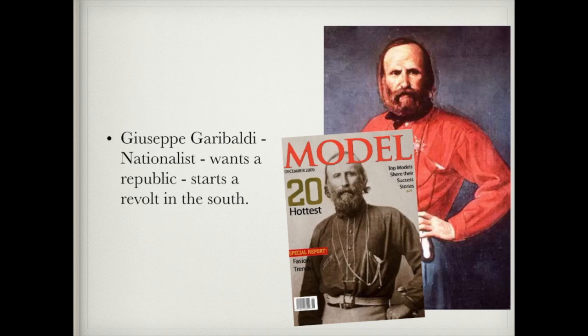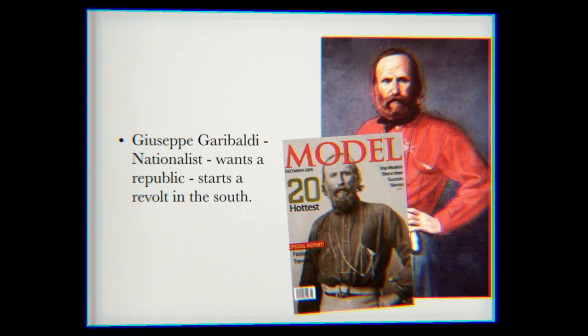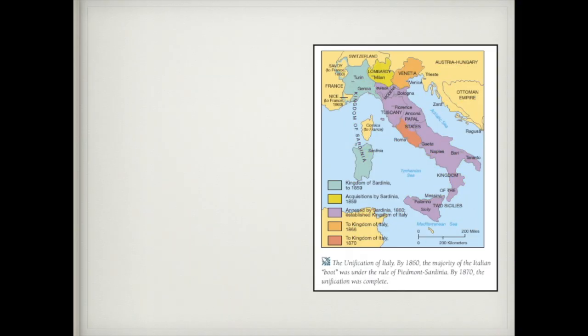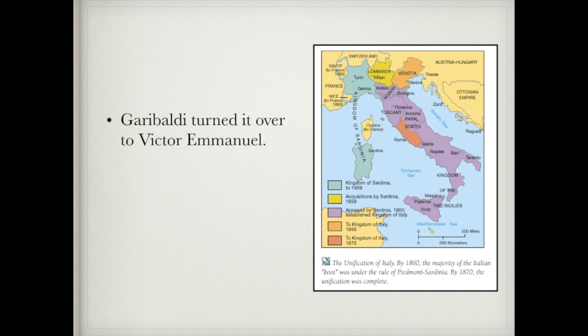So he starts this revolt in the south, and it gets a lot of attention, and a lot of people flock to his banner, and they start moving north. Now, to make a long story short, Garibaldi will eventually turn over his power in the south to Victor Emmanuel. Both had a dream of a unified Italy, but just different ideas in how it should be governed.